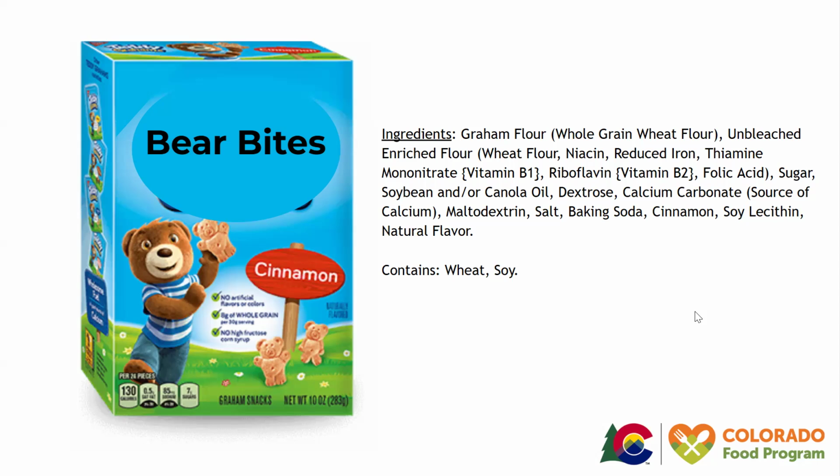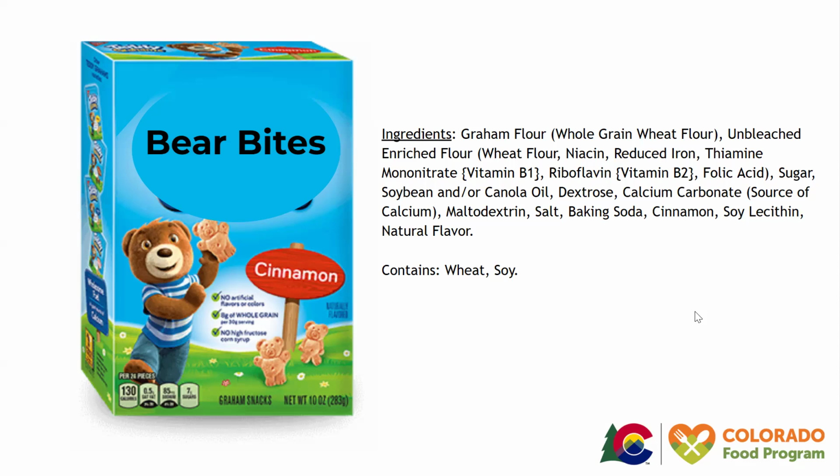To follow the rule of three, we have to look at grains number 2 and 3. The second grain is unbleached enriched flour. Since it's enriched, that's creditable as grain number 2. Then we go all the way through the parentheses, and the next ingredients are maltodextrin, salt, baking soda, cinnamon, soy lecithin, and natural flavor.